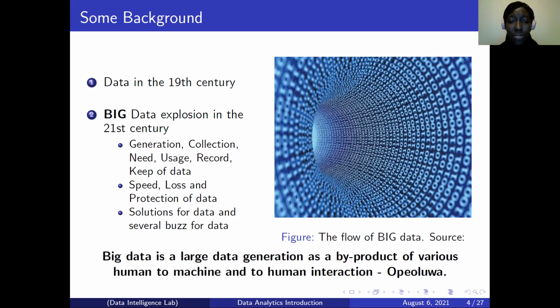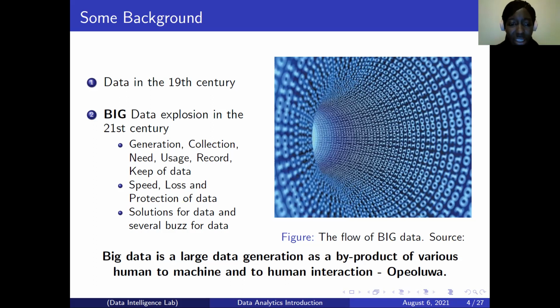Now, also in the 21st century, the exchange of data between human agents became more seamless and increasingly enormous, because people were beginning to generate data almost every second with the advent of social media, social technology, mobile phones. All over the world, billions of data points are being generated per second.